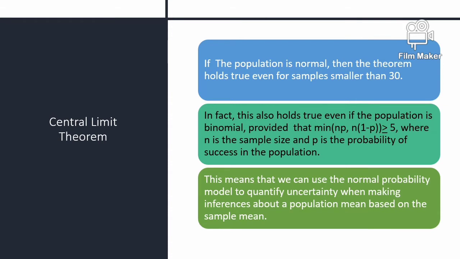In fact, this also holds true if the population is binomial, provided that np and n multiplied by 1 minus p are greater than or equal to 5, where n is the sample size and p is the probability of success in the population. This means that we can use the normal probability model to quantify uncertainty when making inferences about the population mean based on the sample mean.